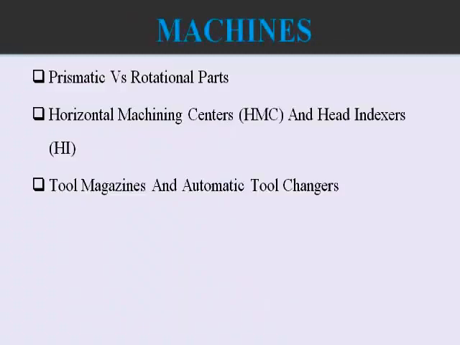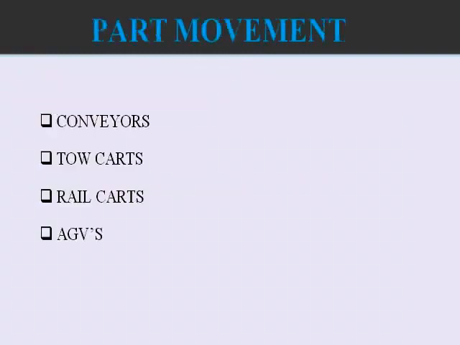Machines, you can have the machines that produce prismatic parts or rotational parts, horizontal machining centers and head indexers, tool magazines and automatic tool changers, and part movement is done by conveyors, tow cars, rail cars, AGVs, RGVs, etc.